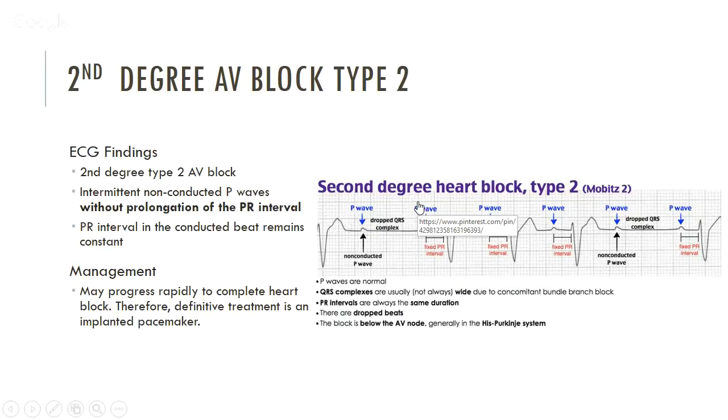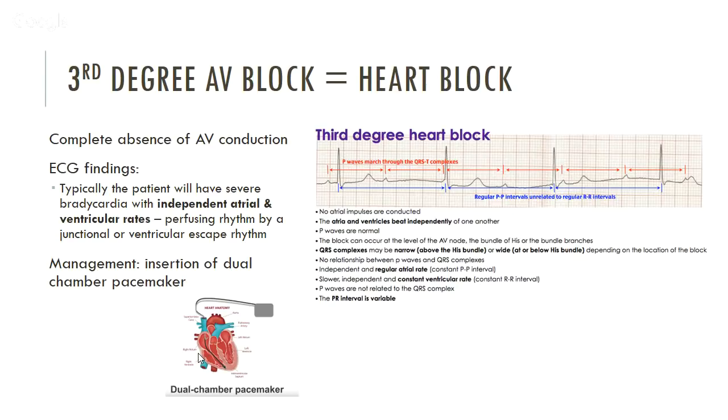Then second degree type 2. There are non-conducting P waves without prolongation of the PR interval. This is a more serious condition than second degree type 1, and in these patients you have to consider if they need an implanted pacemaker. And then third degree heart block, when the atria, the P waves, march through independent of the QRS.